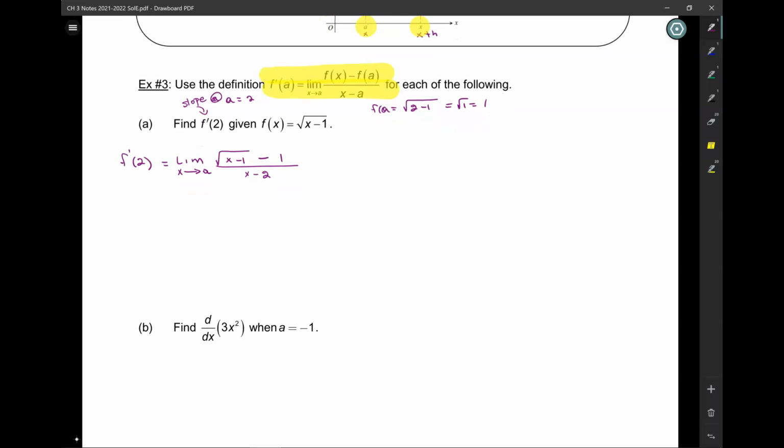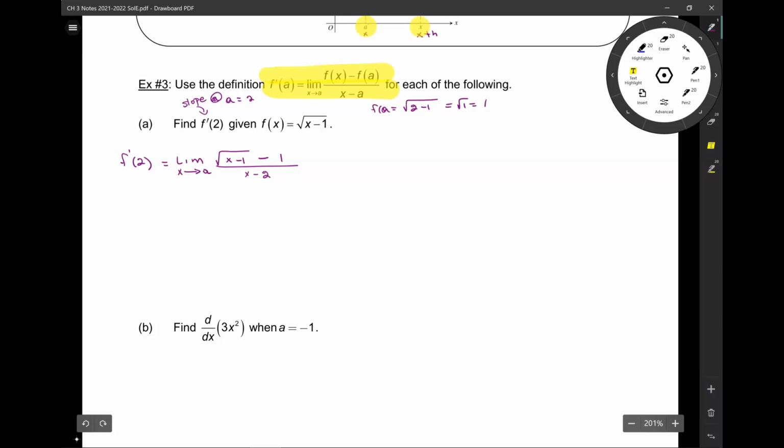Now we have a problem here. What's the problem? Right, so if I plug in, I'm sorry, this is x equals 2. So now if I plug in 2, I get 1 minus 1, 0 over 0. That's not cool, so I need to get rid of it.